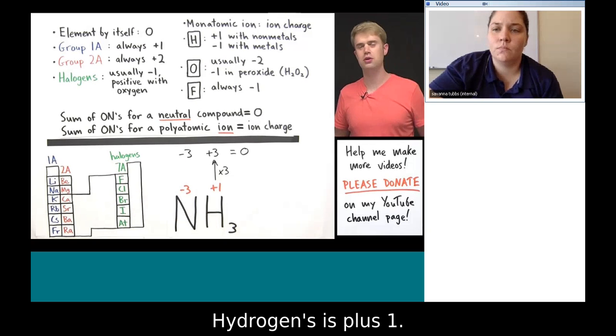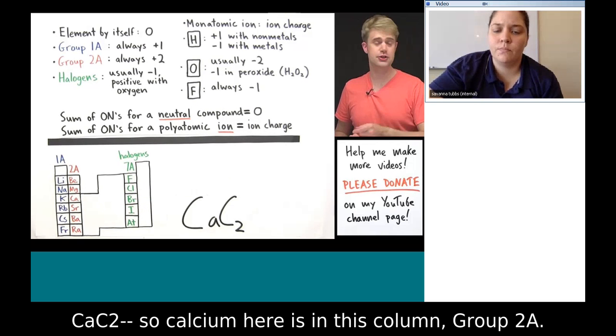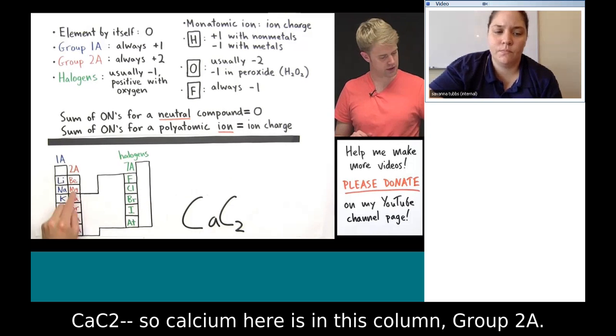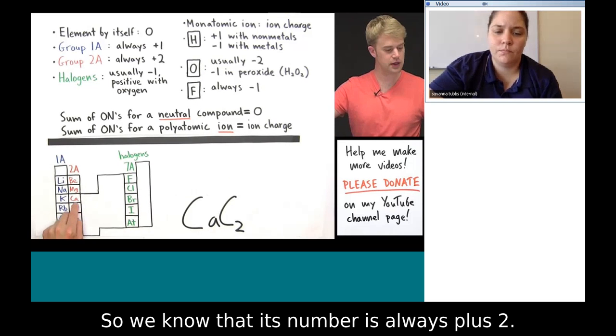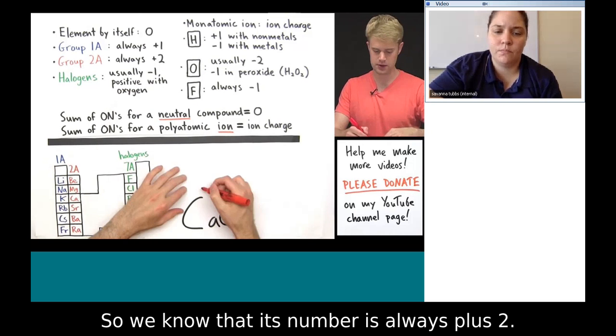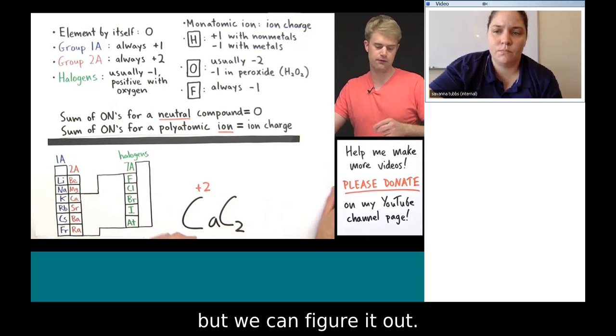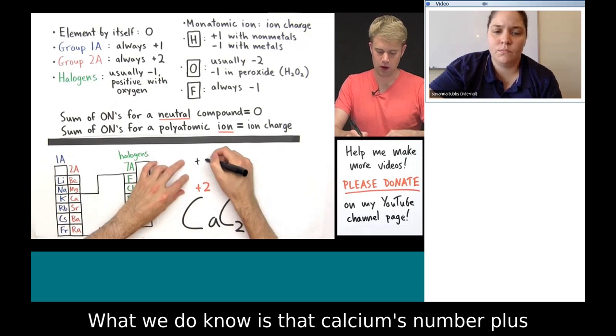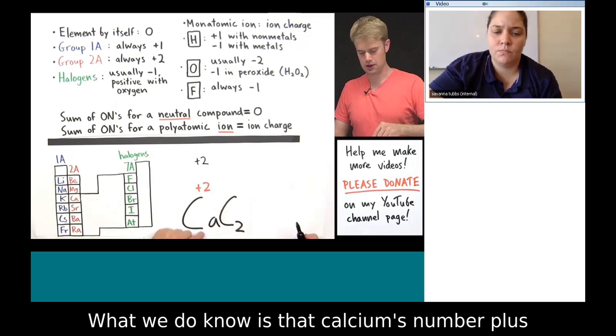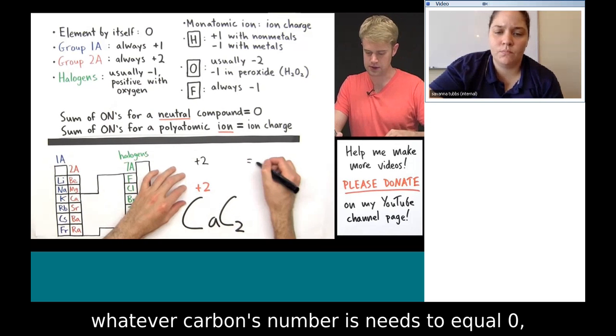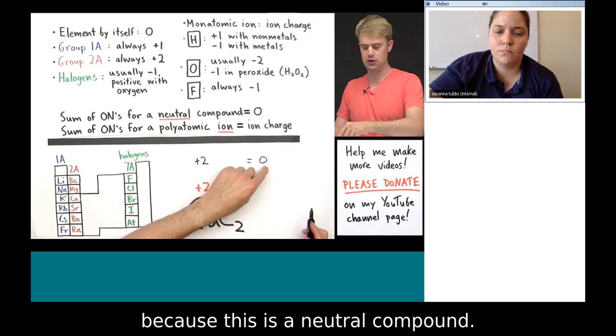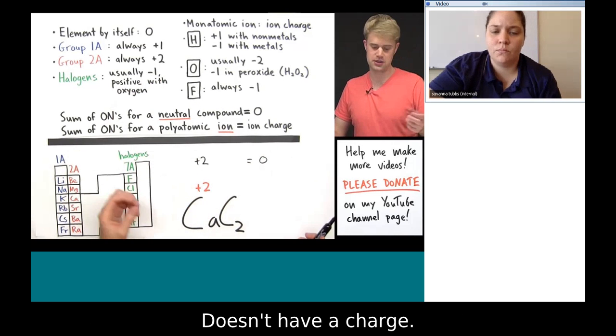Hydrogen's is +1. CaC2. So calcium here is in this column, group 2A. So we know that its number is always +2. We don't know what carbon's number is, but we can figure it out. What we do know is that calcium's number plus whatever carbon's number is needs to equal 0 because this is a neutral compound. It doesn't have a charge.